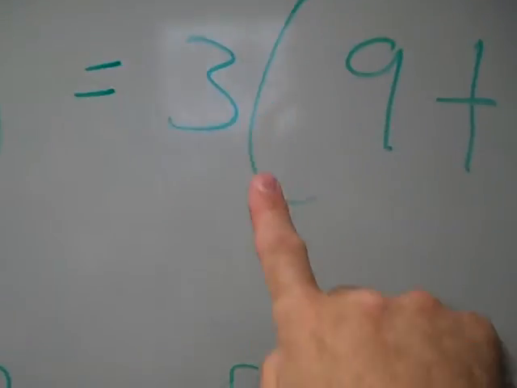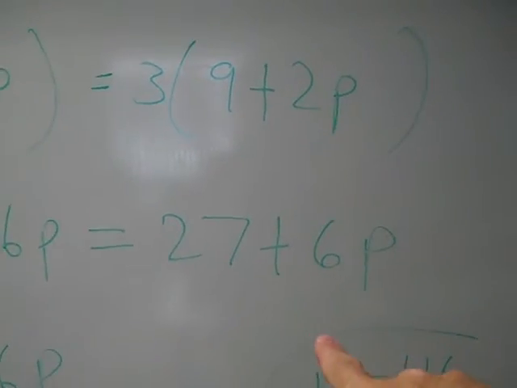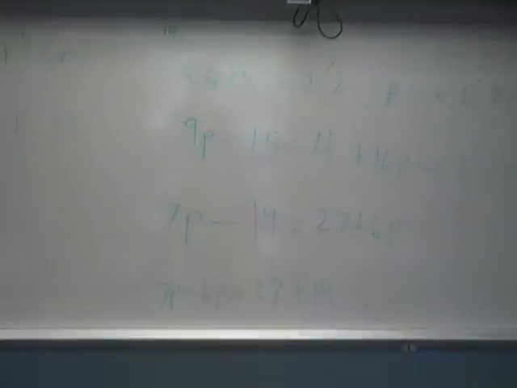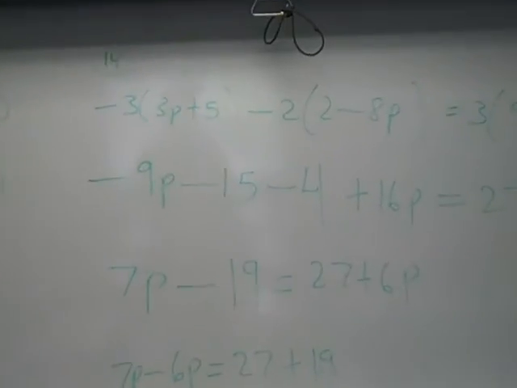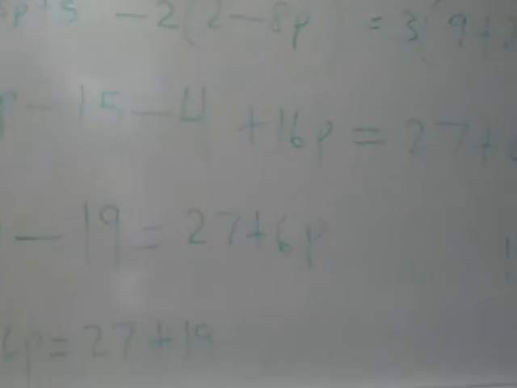And then on the right side, distribute 3 across these two terms, and I get 27 plus 6p. Whew, okay, that was a mouthful. Let me zoom back in. But now at least we can maybe see what to do.